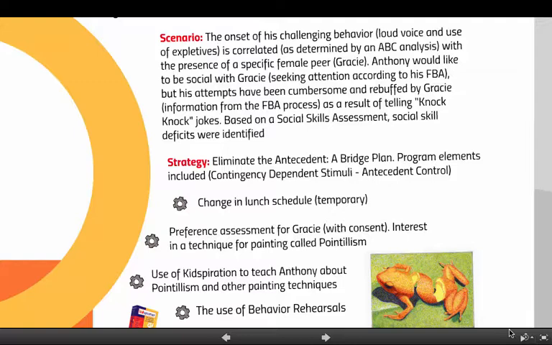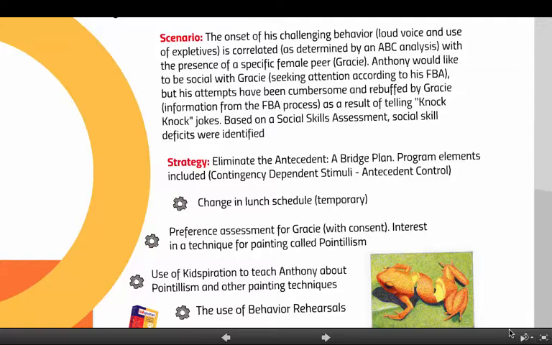Actually, there were a few people that he would do that with, but he was seeking attention from individuals, and Gracie was one such individual. And we picked that information up from the FBA. Okay, so far we've got the scatter plot analysis that was used, we've got the ABC analysis that was used, the FBA was conducted, and we're learning all these things.